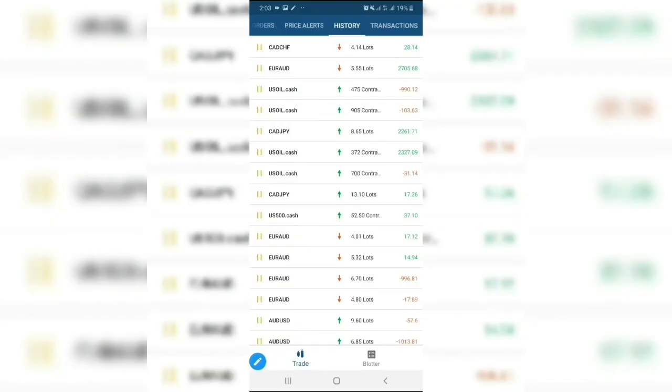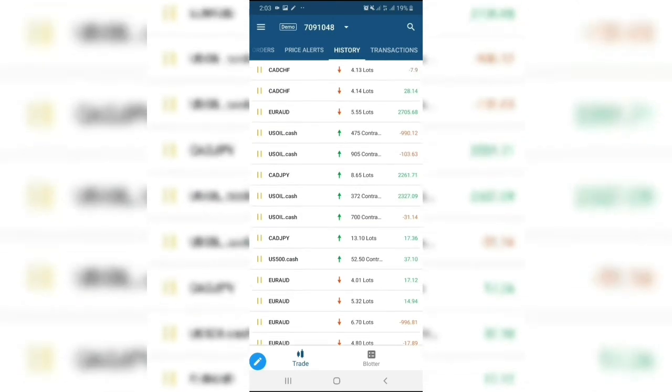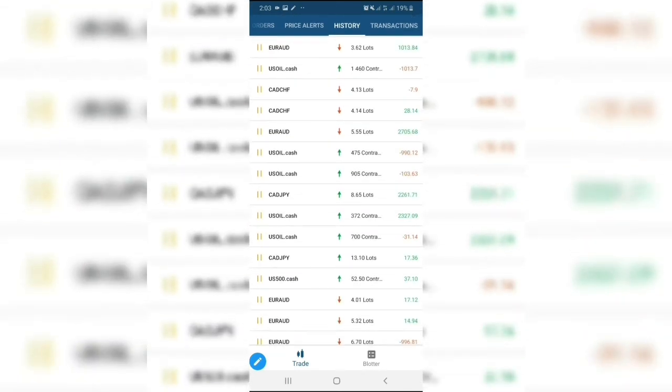Traders, this is the 100k challenge that I started on 28th of February 2022. It's currently up 4.2%, and I think it is expiring around 29th of March.